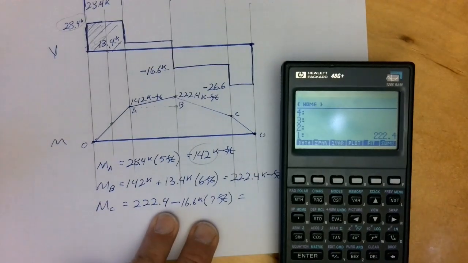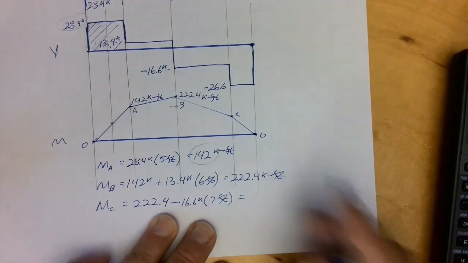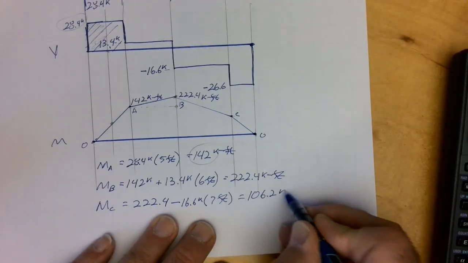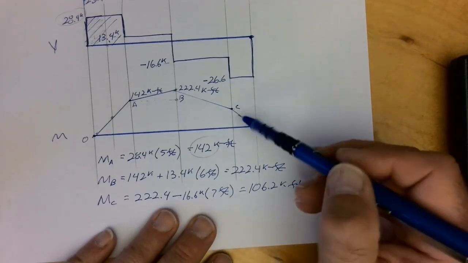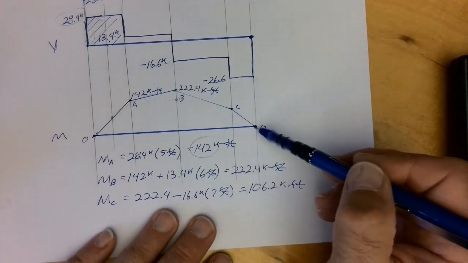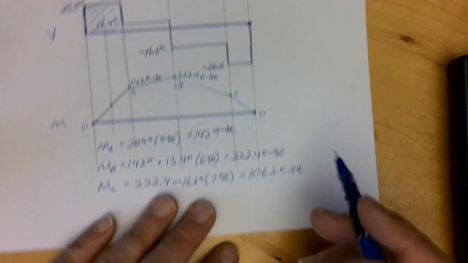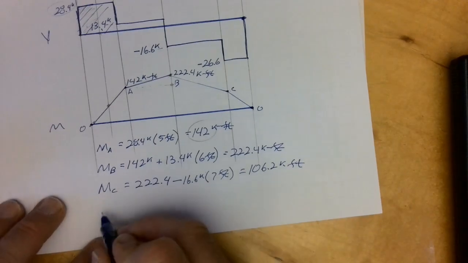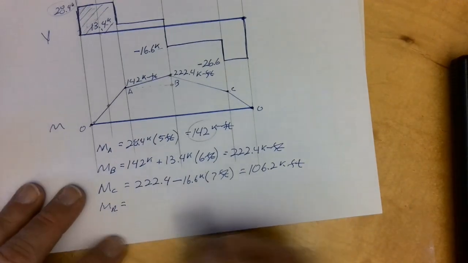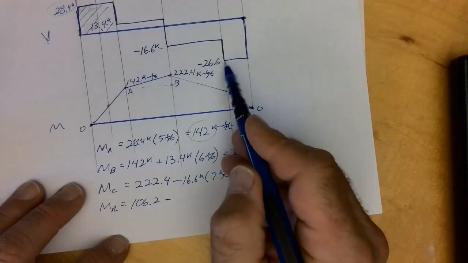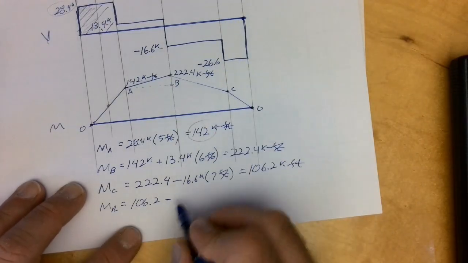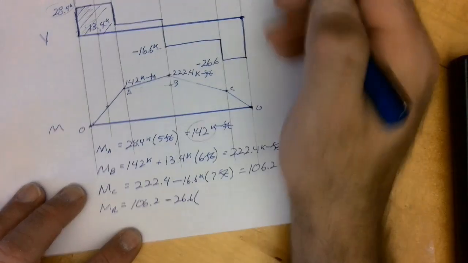When I do that, I've got 16.6 times 7, subtract that, and I've got 106 kip feet. So that's the moment at C. Let's find the moment here. I know it's 0, but let's confirm that it is 0. So the moment at the right end is going to be 106.2 minus that area, which is 26.6 times a length of 4 feet.